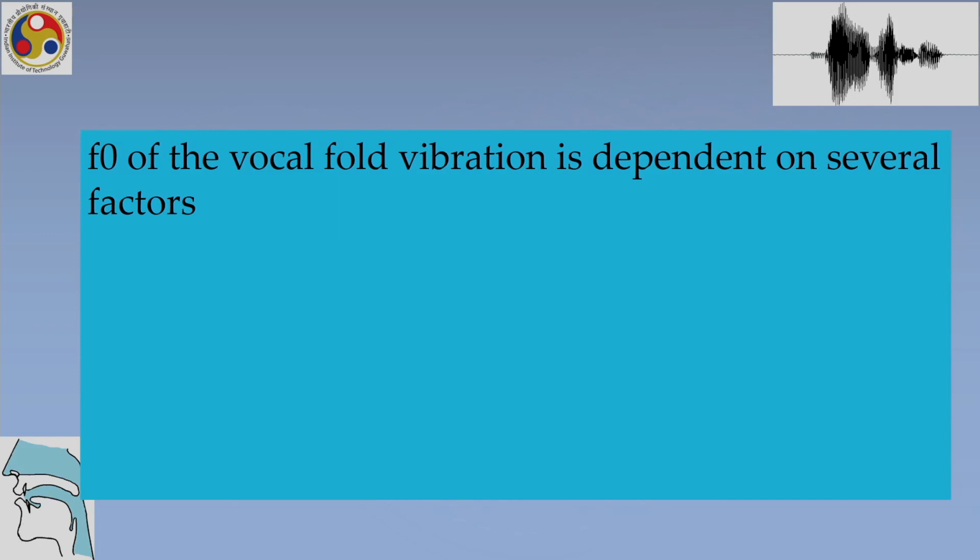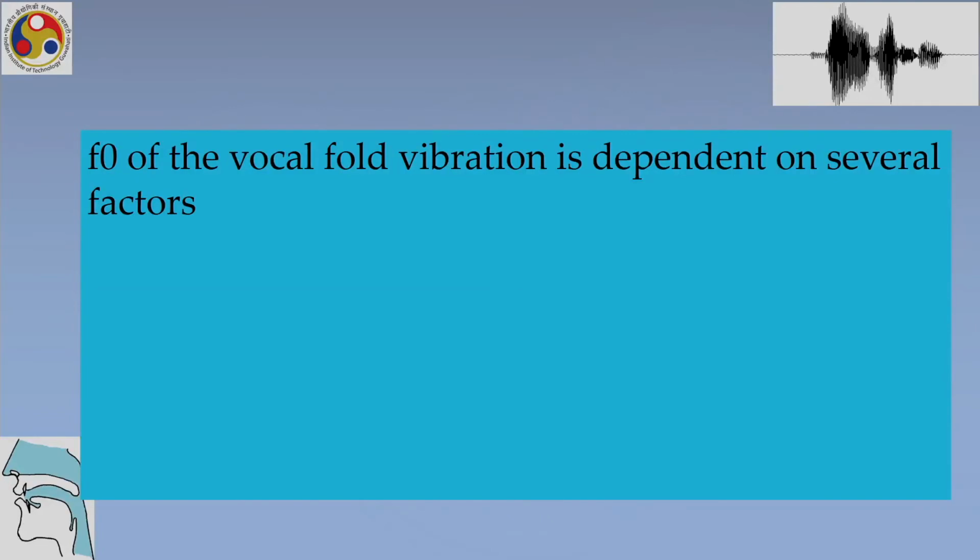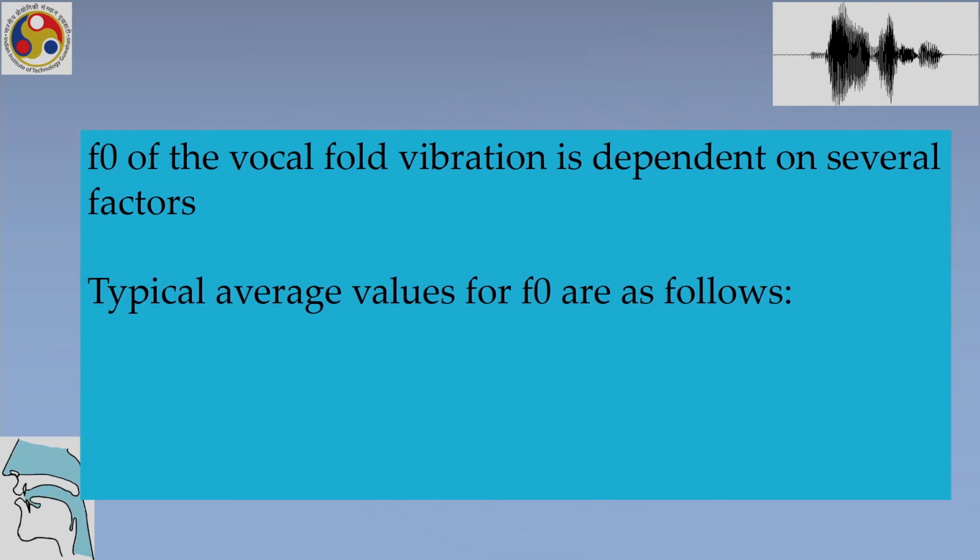Also, a couple of important things about the fundamental frequency. As we just learned, fundamental frequency is the rate of vibration of the vocal folds, whereas the harmonics are multiples of that fundamental frequency. There are many other frequencies which are overtones, which are multiples of that fundamental frequency. Vocal fold vibration is dependent on several factors.